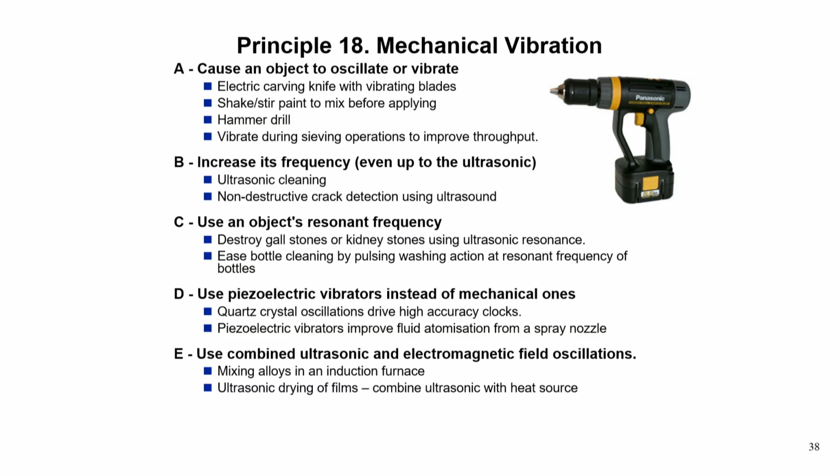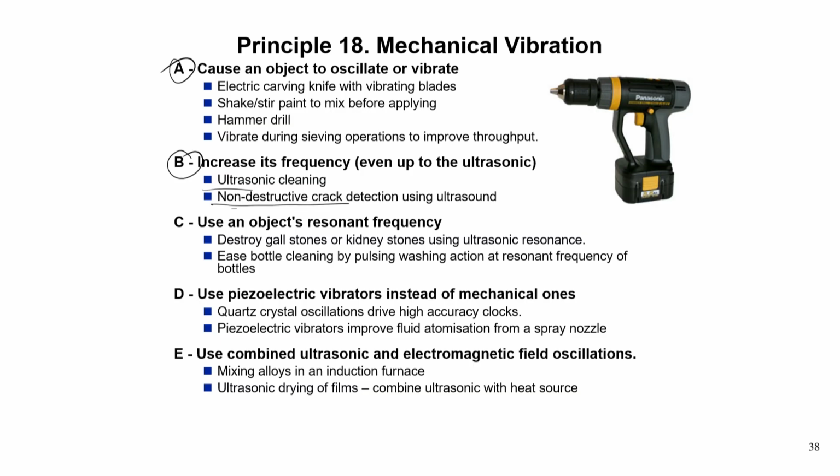So, create an oscillation or vibration. Suppose the entire thing is already vibrating, you increase its frequency even up to the ultrasonic. So, ultrasonic cleaning is one example of it, or non-destructive crack detection using ultrasonics.